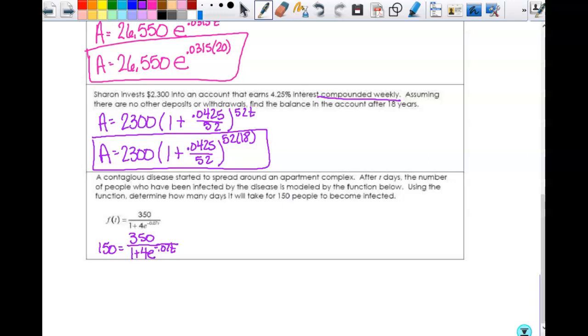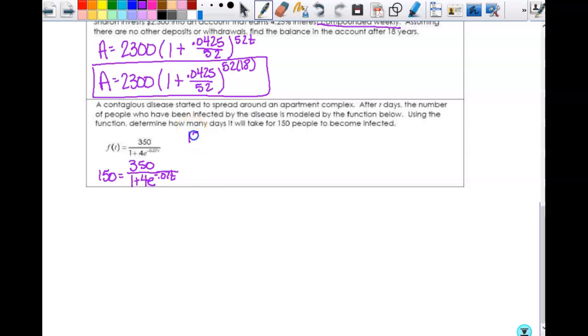So then I'm going to multiply both sides by the denominator. That'll give me 150 times 1 plus 4 times e to the negative 0.07t power equals 350. Then I divide, and I'm going to get 1 plus 4e to the negative 0.07t power equals. Then when you take 350 and divide it by 150, you should be able to reduce that by hand just fine.